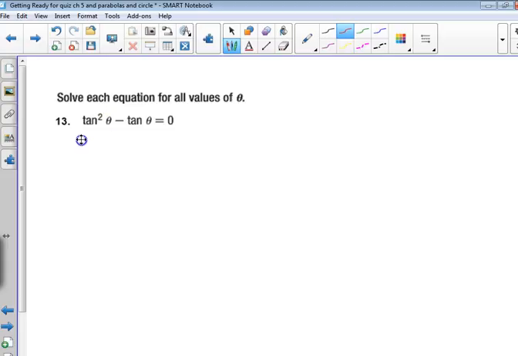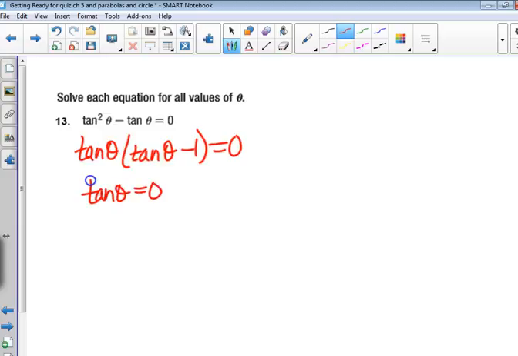This is equation solving, so we factor out a tangent, don't divide. And that'll leave tan theta minus 1. Okay, so then either the tangent is 0 or the tangent is 1. Remember, that's kind of miserable to do on the unit circle.